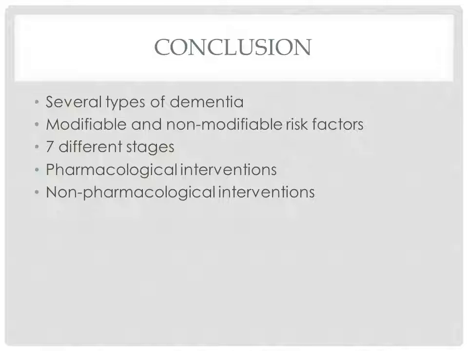And I'll say that again. The 7 stages include no cognitive decline, age-associated memory impairment, mild cognitive impairment, mild dementia, moderate dementia, moderately severe dementia, and lastly, severe dementia.